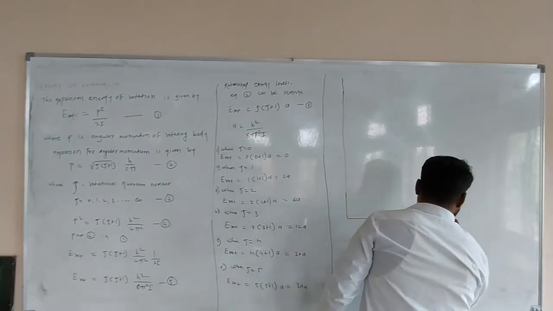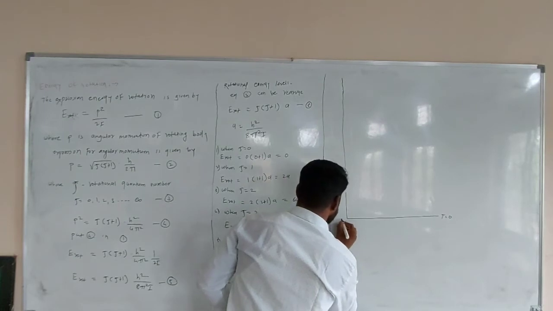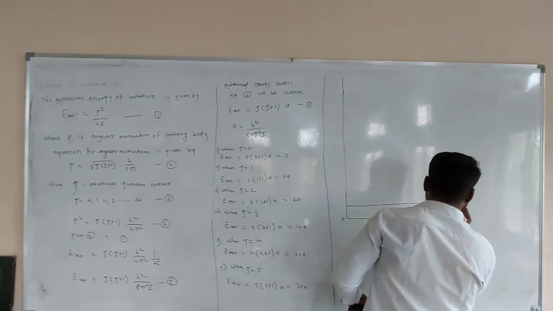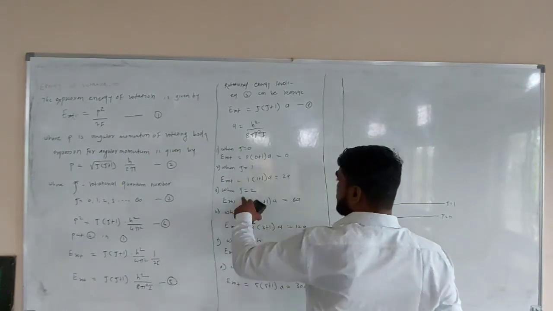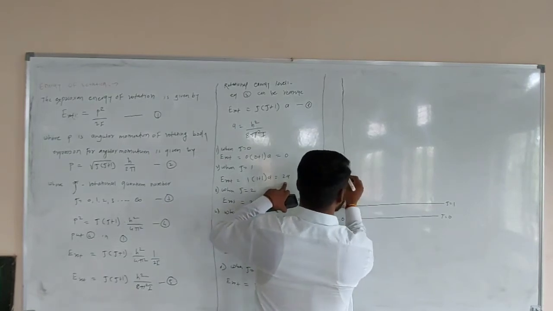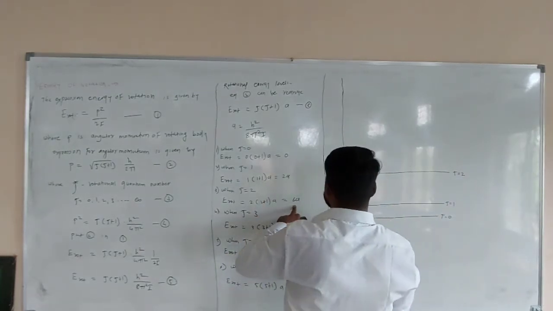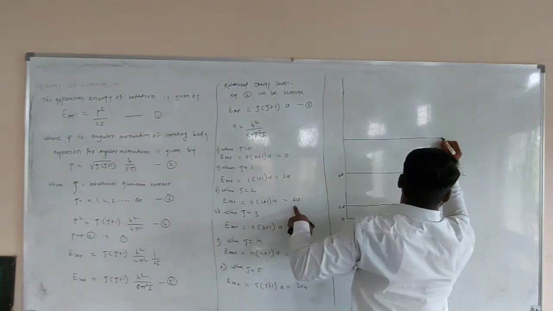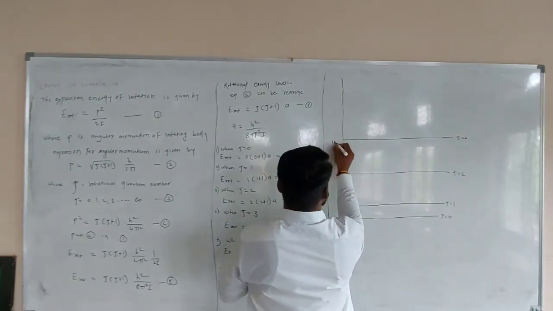When the value of J is equal to 0, the rotational energy level line is at 0. When J is equal to 1, the rotational energy level is 2A. When J is equal to 2, the rotational energy level is 6A. When J is equal to 3, it is 12A.